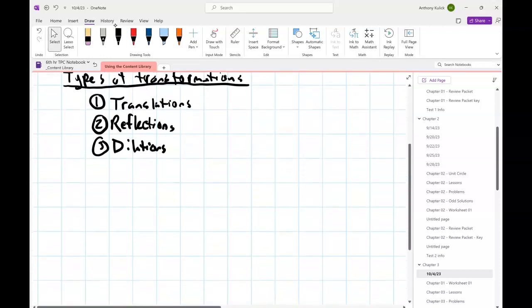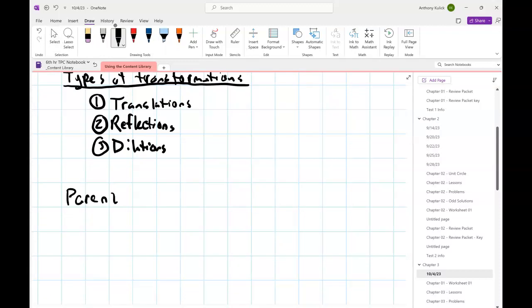The vocabulary we use is we start by talking about a parent function. That's like the before. And usually when we talk about a parent function, we just say that's some y equals f of x. And then we have some resultant function.